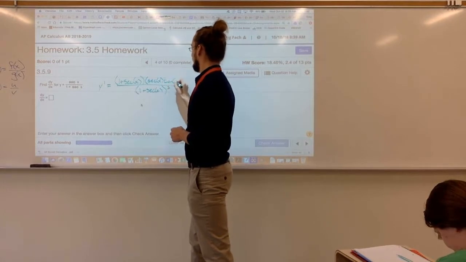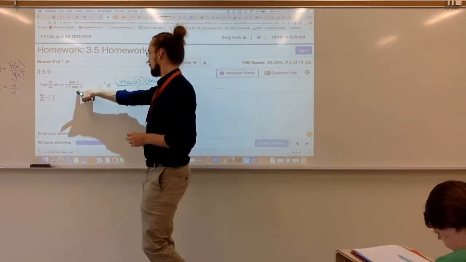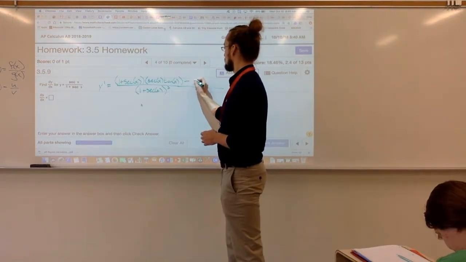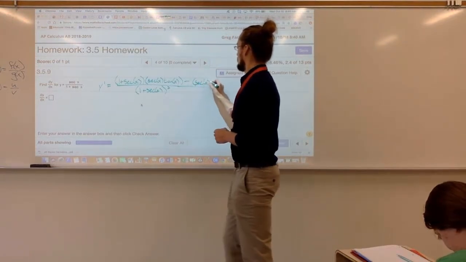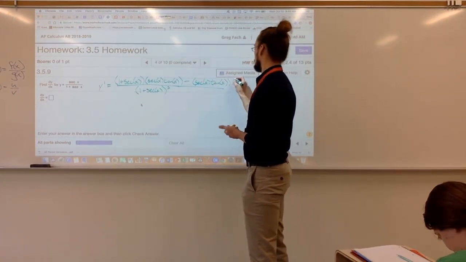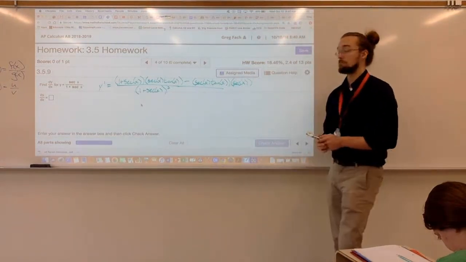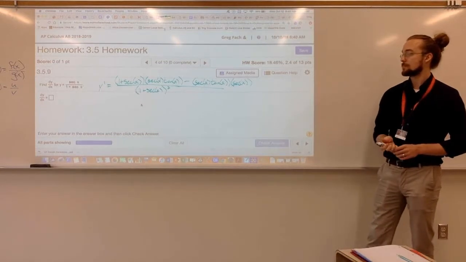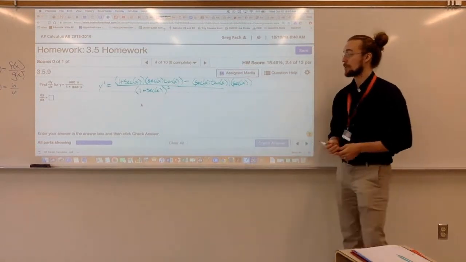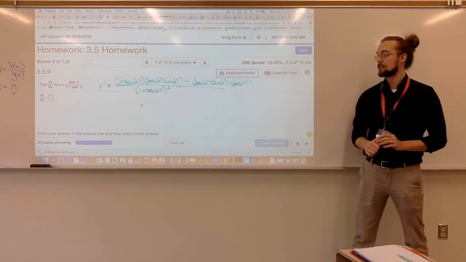Oh, you're right. Then minus the derivative of the denominator, which would again be secant times tangent, times the numerator. So you just type it in like that? Yeah, you can just type it in like that. I was trying to combine and do everything. It's a lot to type, but you could just type it in exactly like that.